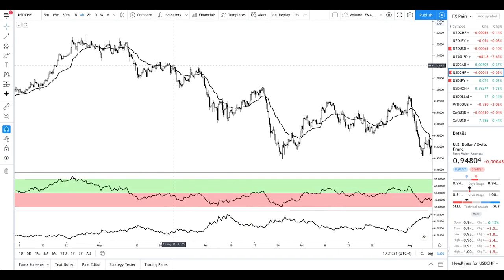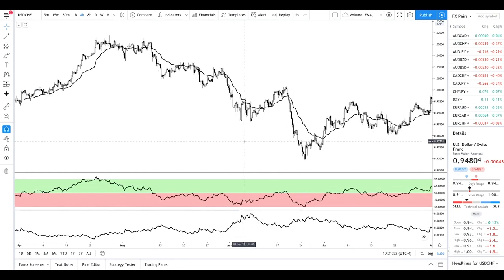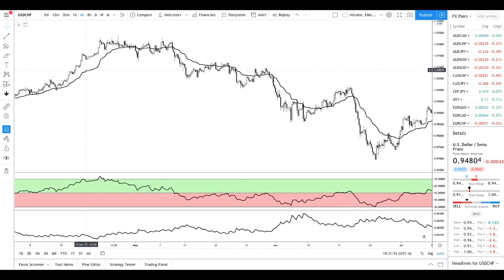All right. So you're going to have to look at multiple different pairs for this because it is a long-term strategy and you are using a long-term RSI. So, just check out every single pair. If you get an overbought signal or an oversold signal, then you can start looking to enter in on this trade. All right. So right here, we would have got our overbought signal right there.